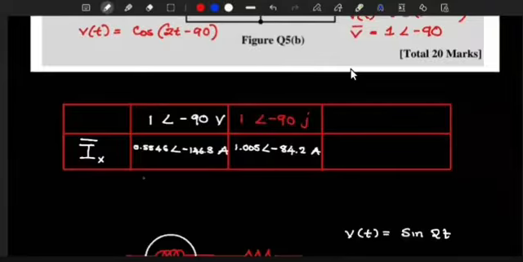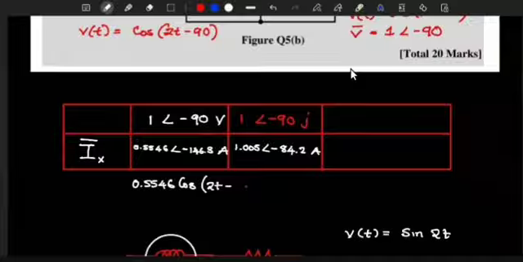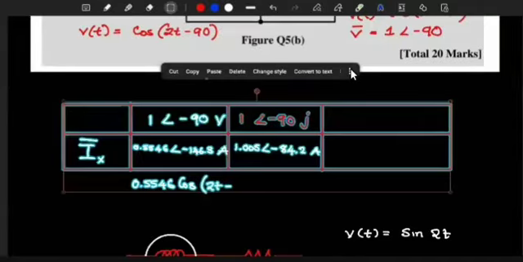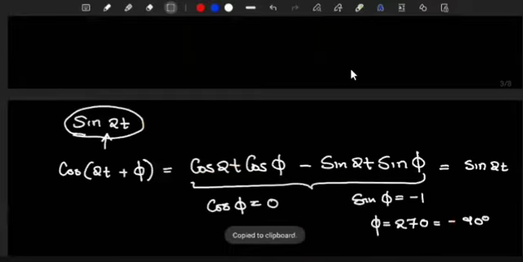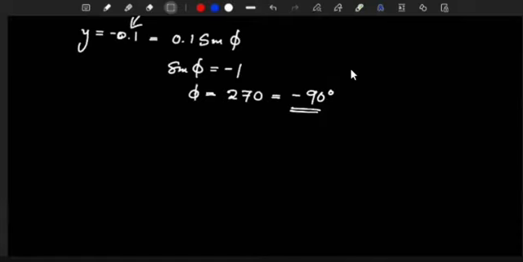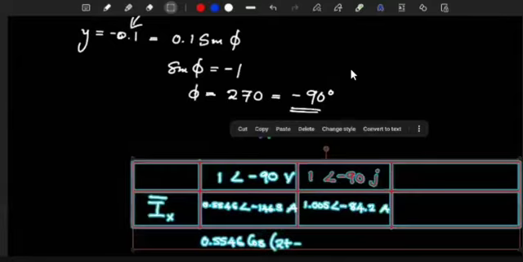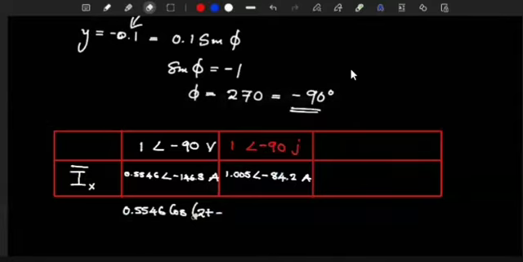So this one in sinusoidal waveform, it is going to be the peak 0.5546 cos angular frequency. This one, the angular frequency was 2t, then plus the phase angle. Let's take this whole lot. Because we know the overall value must be the sum of this and this.